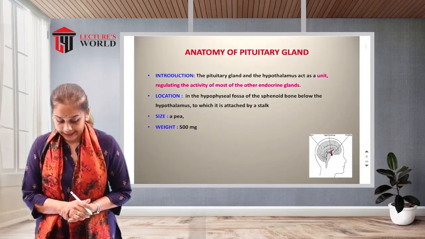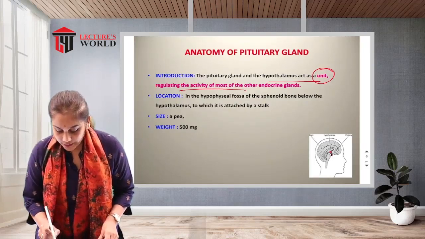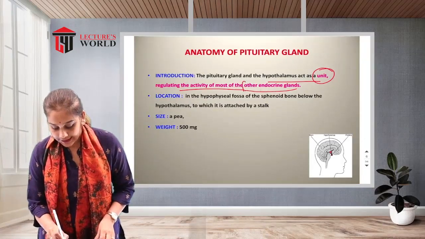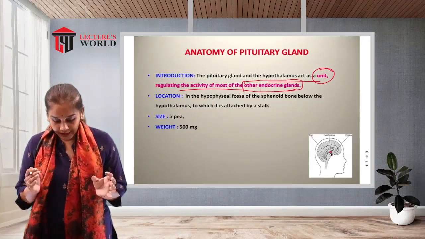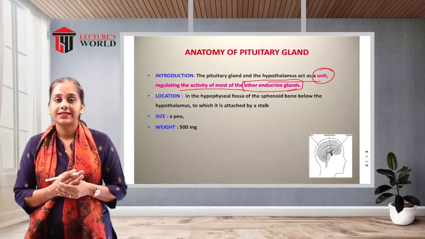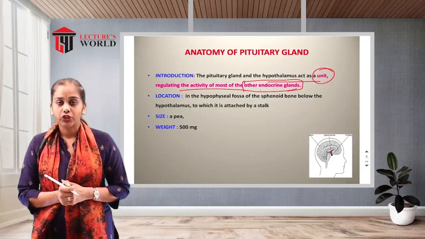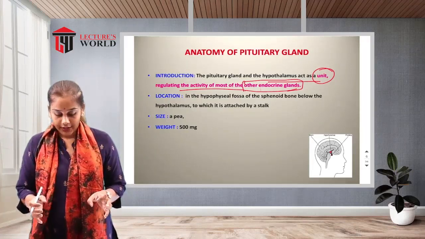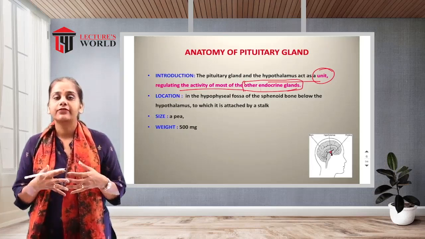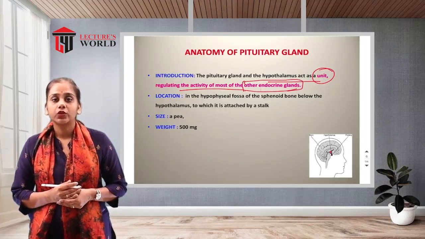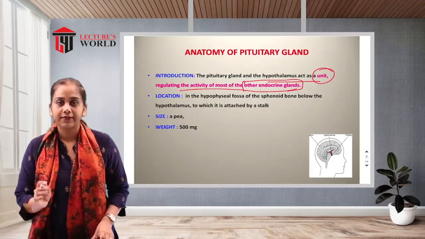The pituitary gland and the hypothalamus act as a unit to regulate the activity of most of the other endocrine glands. The pituitary gland is the master gland, helpful for the regulation of all the other glands. The hypothalamus and pituitary gland work as a unit, controlling and regulating the other glands. That's why it is called the master gland.